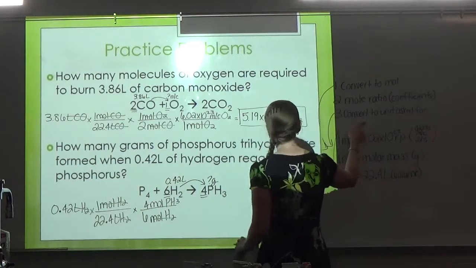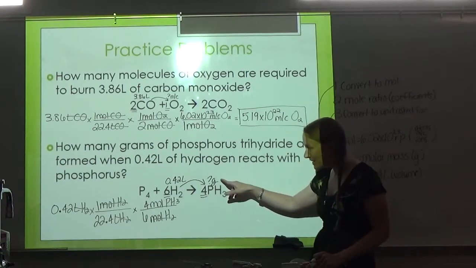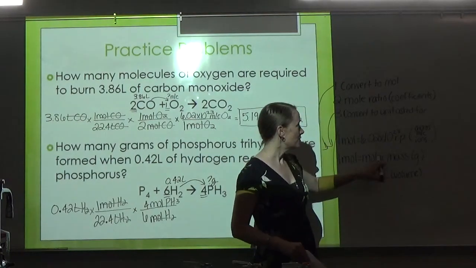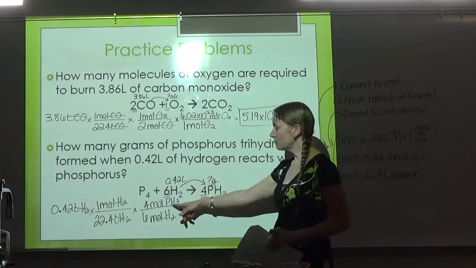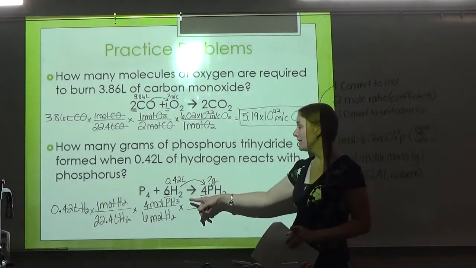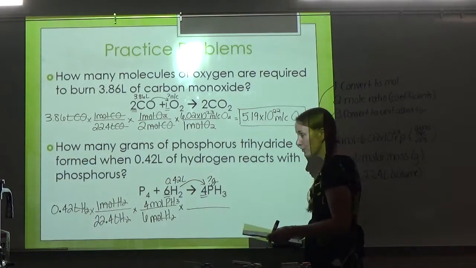So last step is to convert to unit asked for. So this is where I needed grams. So I asked for grams, so that means you're going to use molar mass. So you're going to add up PH3 off the periodic table. So P is about 31, H is 1 times 3, so we get about 34 grams per mole.